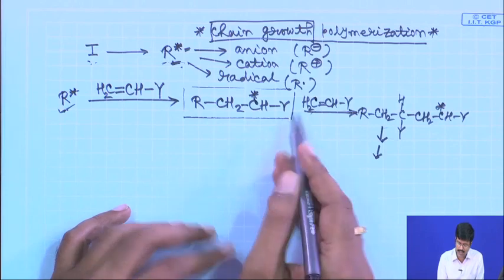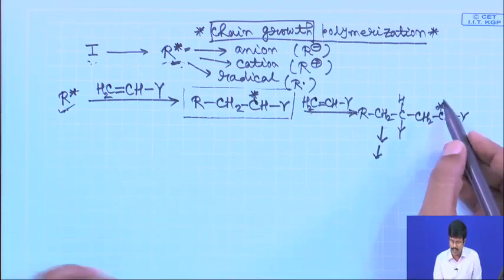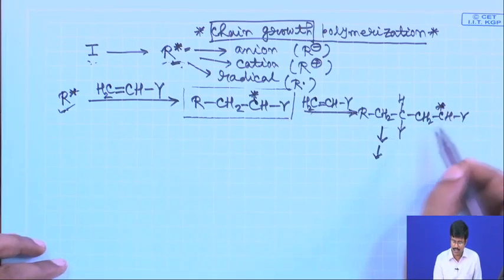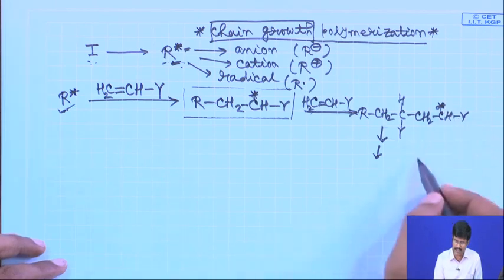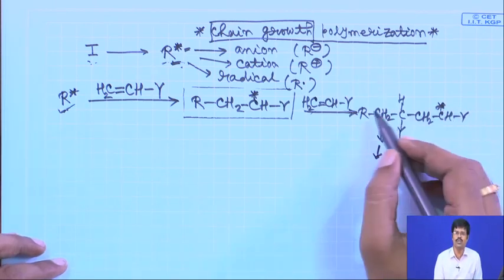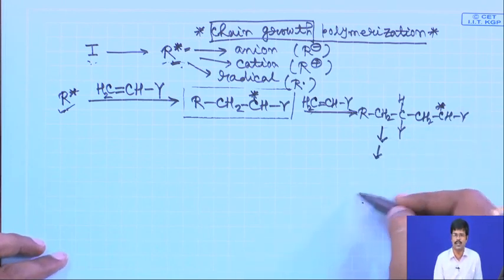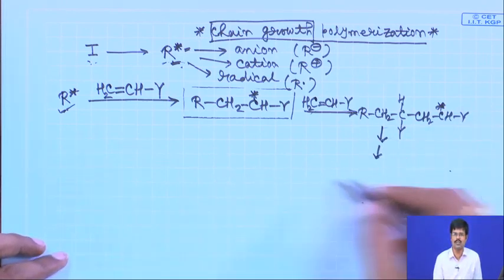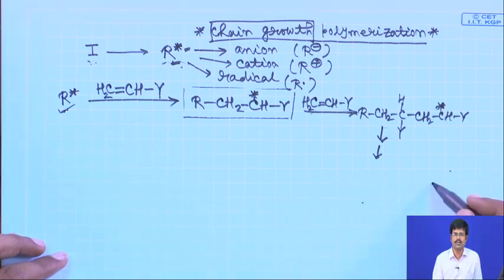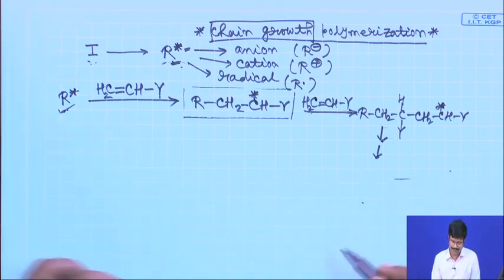So, you have a chain that is starting to grow, and at the end of the chain there is this reactive species, and all the monomers will successively add to the end of the chain to grow its length, and these reactions are typically very fast. So, a very high molecular weight chain will develop quite quickly, typically at an early stage of the conversion.